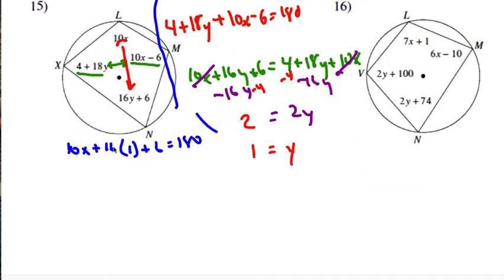So what does that mean? 10x plus 16 plus 6, well, I can subtract that, so that's 180 minus 16 minus 6, which is 158, equals 10x, which means x equals 15.8.